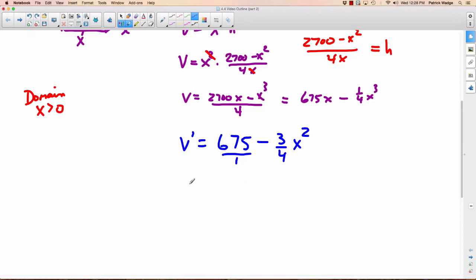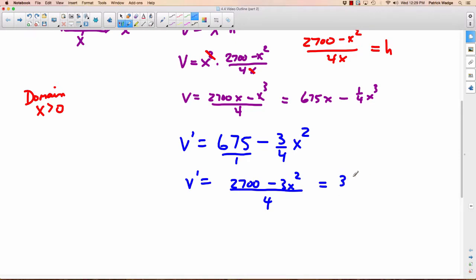Put this over 1. So to get a common denominator of 4, we have to multiply top and bottom by 4 here, which gets us back up to 2700 minus 3x squared. And let's factor the top as well. What can you take out of both of those? Take out a 3.